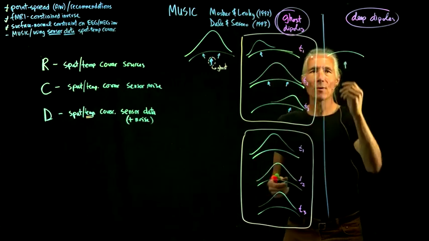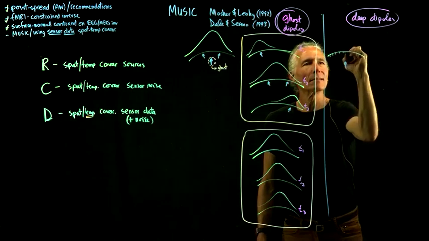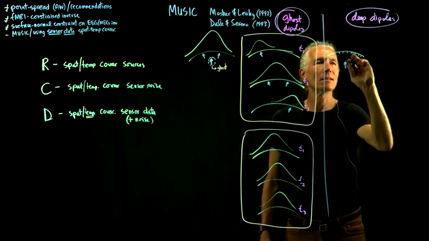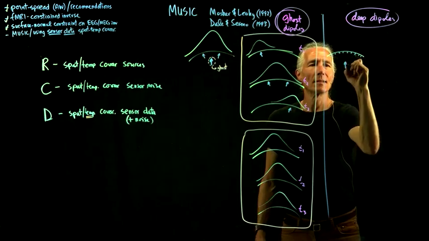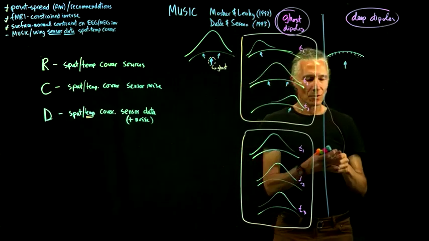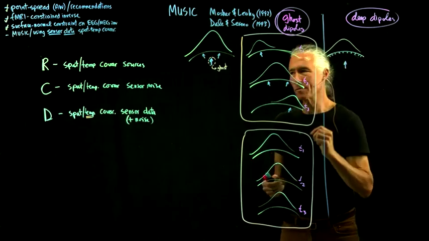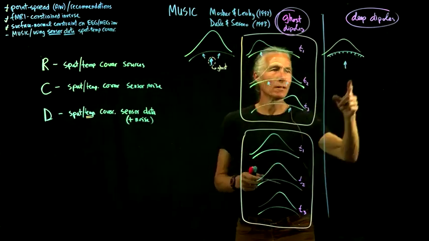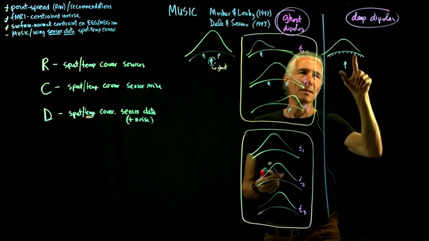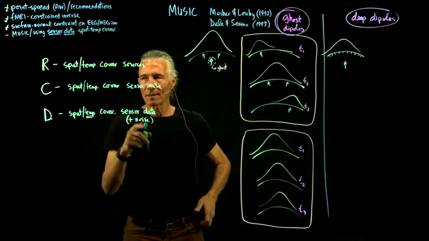Well, the minimum norm is going to say, well, I can get away with a smaller norm by just displacing that to the surface because of the inverse square forward solution. My total norm is going to be smaller than using that deeper source. And so what will happen is if you see a signal that looks like that, that's consistent with a deeper source, in general, the minimum norm is going to say, well, I'm going to displace it to the surface. So how could the spatiotemporal covariance of the sources help with that?